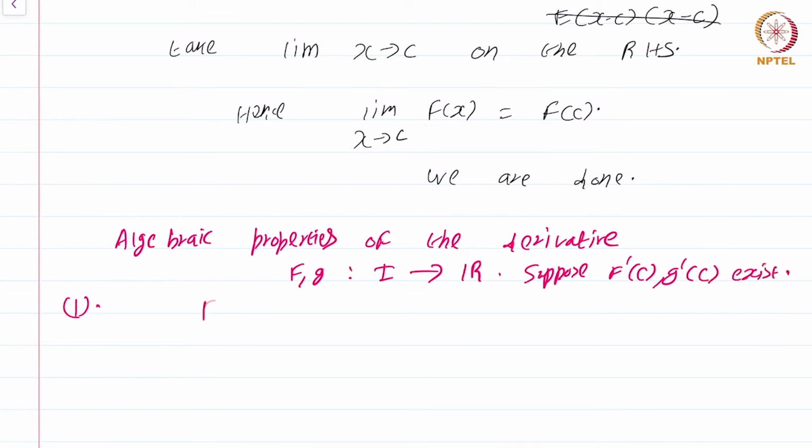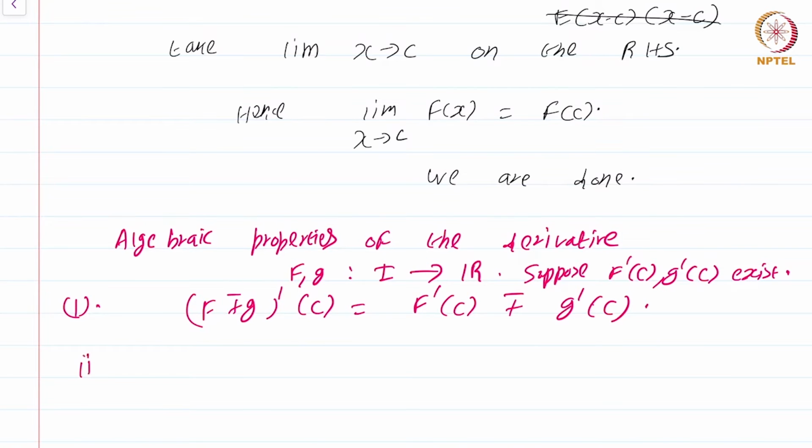Then f plus g prime of c is just f prime at c plus g prime at c. In fact, I can put a plus or minus also. This one I'm not even going to bother proving. This is so utterly easy.